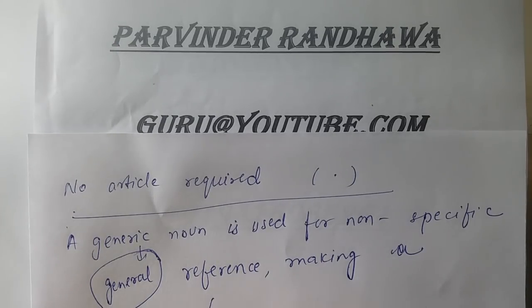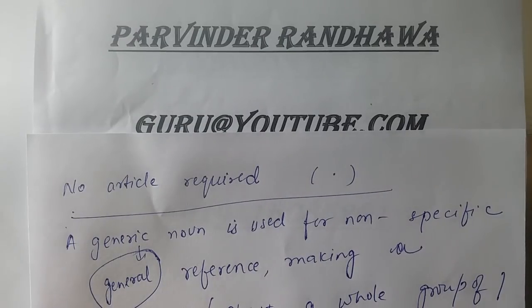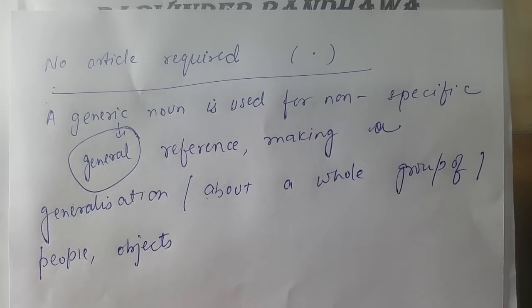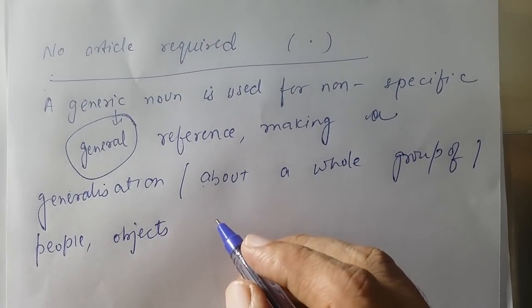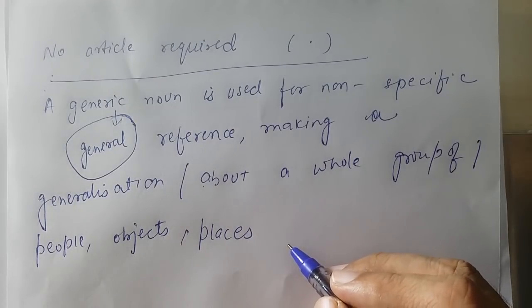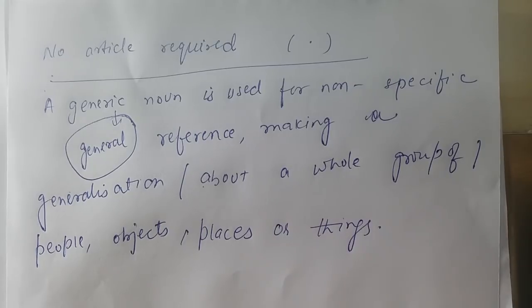The definition is about a whole group of people, objects, places or things.